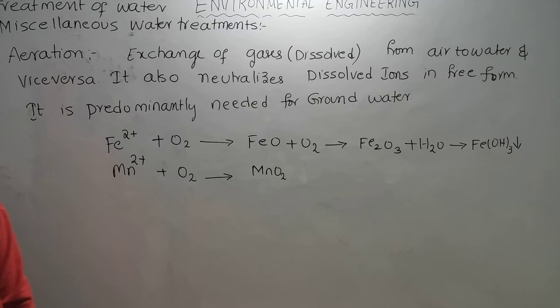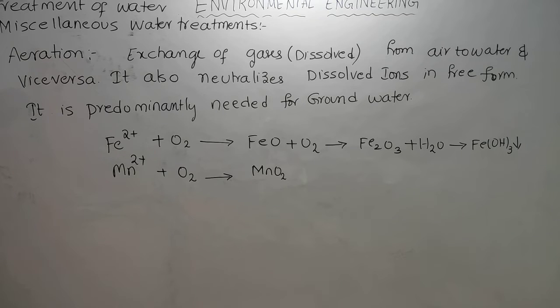Some amount of disinfection can also be achieved during this agitation process of aeration. Agitating means rotating the water with an aerator so as to increase the surface area of the water.